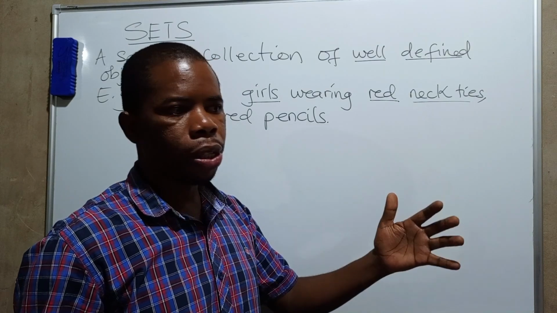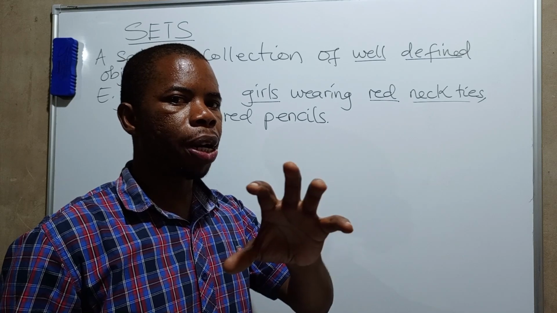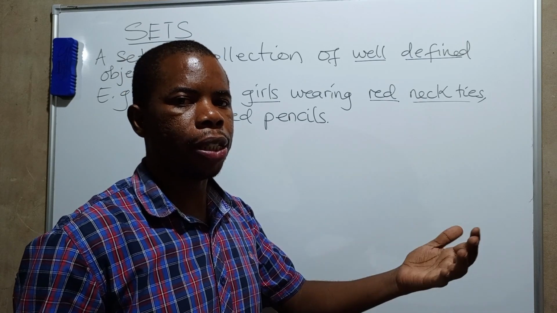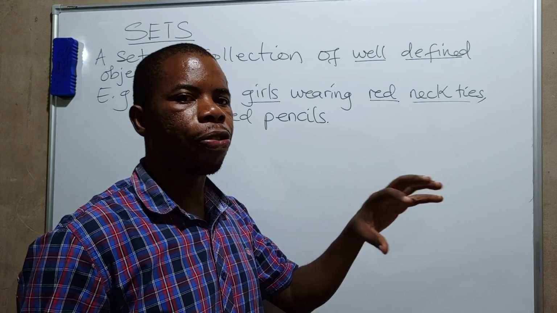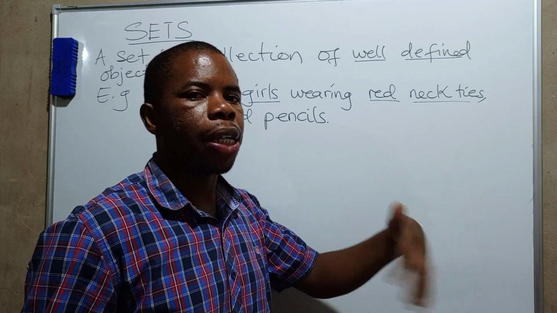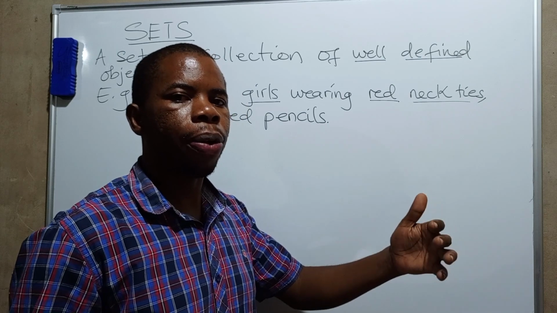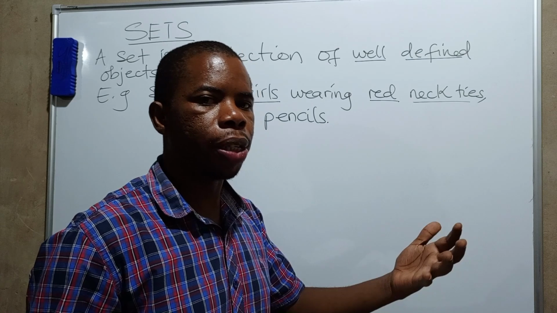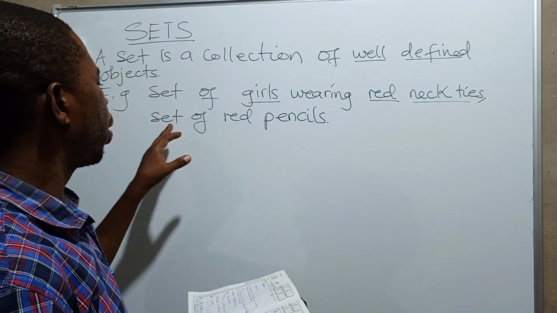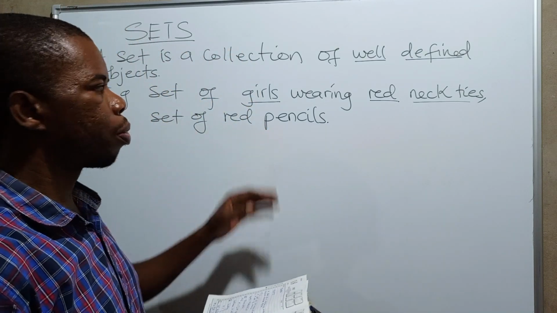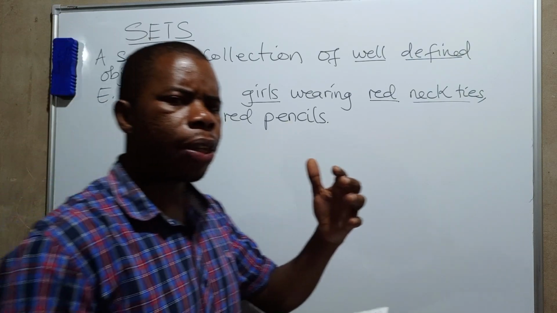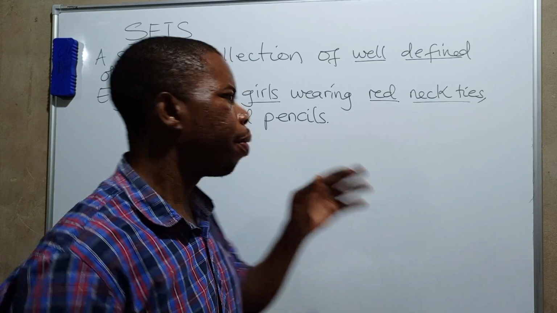When you see them, they will look uniform, they will look similar. That is what we mean by defined, and that will become a set. That's why a set is a collection of well-defined objects. Or equally, when I say set of red pencils, the objects I'm talking about are pencils, but in particular the red ones.